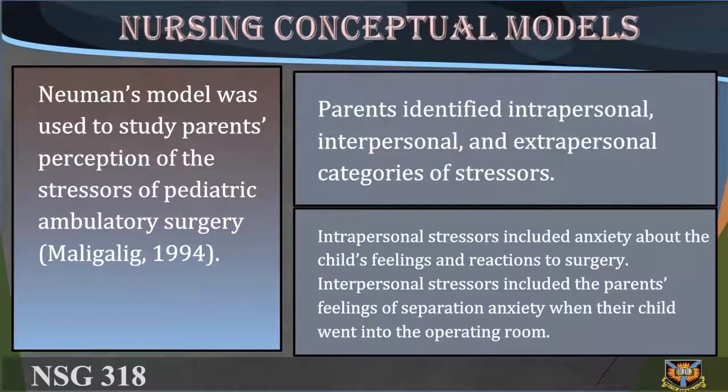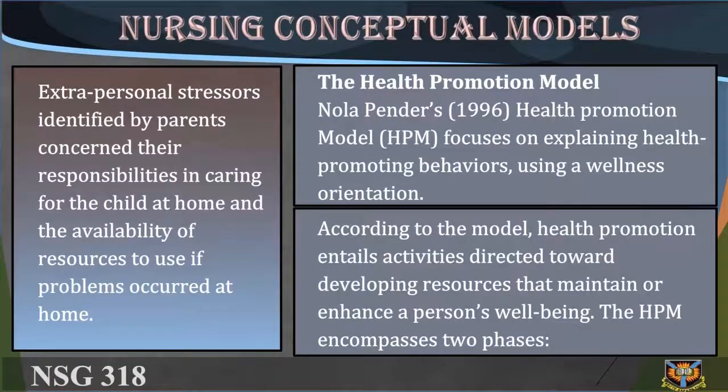Interpersonal stressors included the parents' feelings of separation anxiety when their child went into the operating room. Extrapersonal stressors identified by parents concerned their responsibilities in caring for the child at home and the availability of resources to use if problems occurred at home.